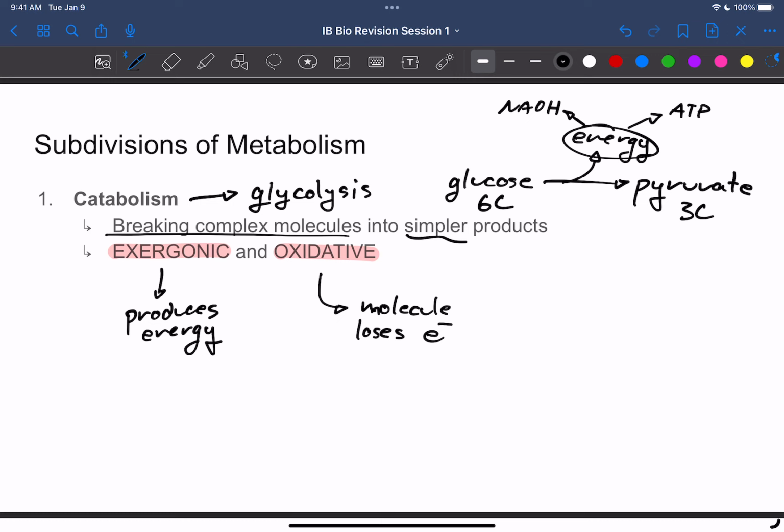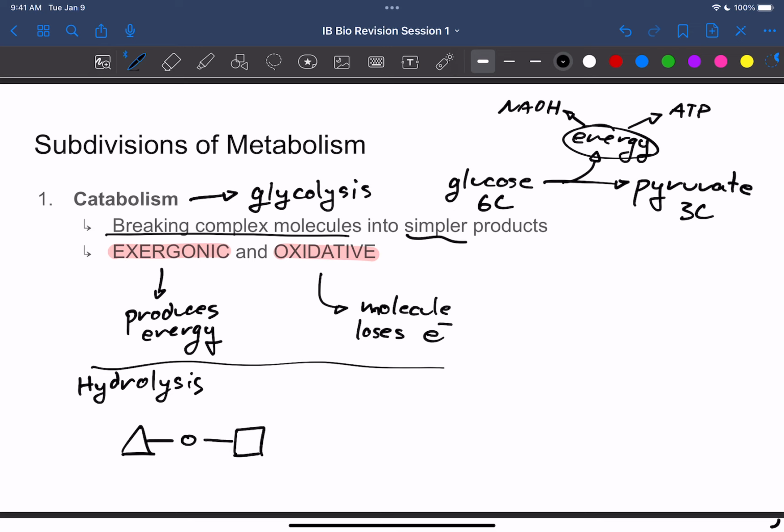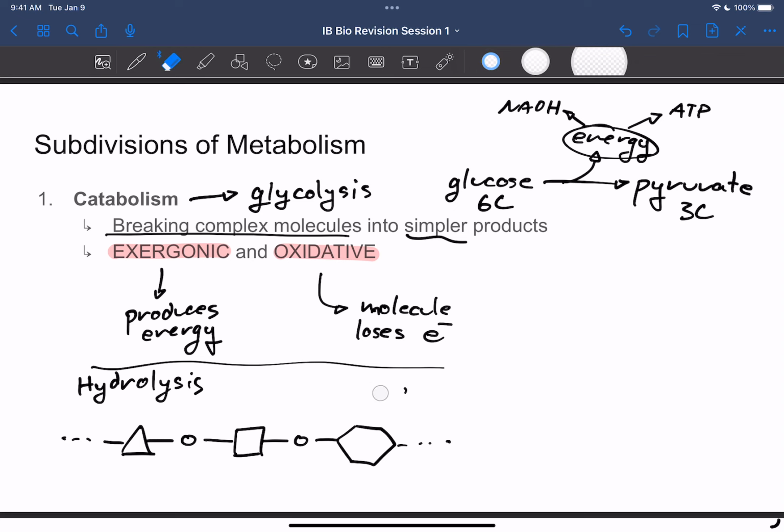And one really common process in catabolism is hydrolysis. If we have this polymer, for example, and we add water, this water is going to get in between here, for example, and break this bond.